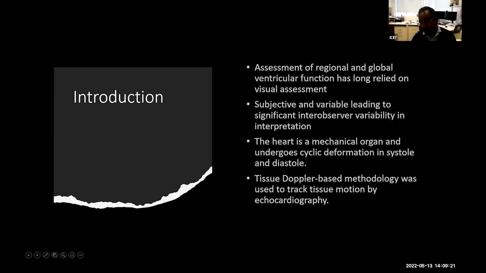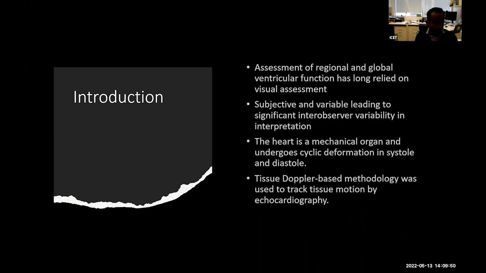When we talk about strain, we're looking at assessment of regional and global ventricular function. In the past it's really relied on visual assessments, which, as you know, is quite subjective and variable in terms of how we measure them, so you get inter-observer variability as a result.